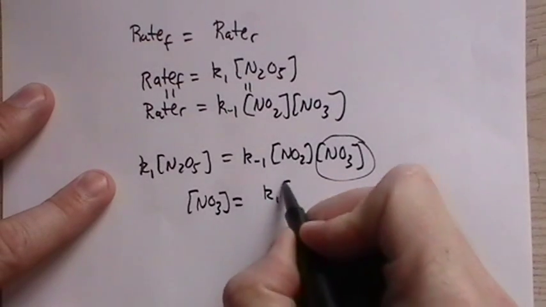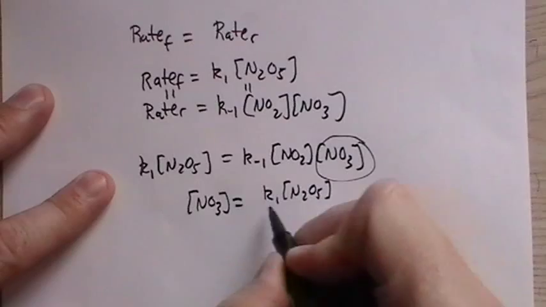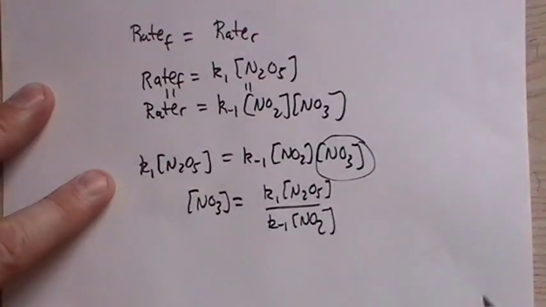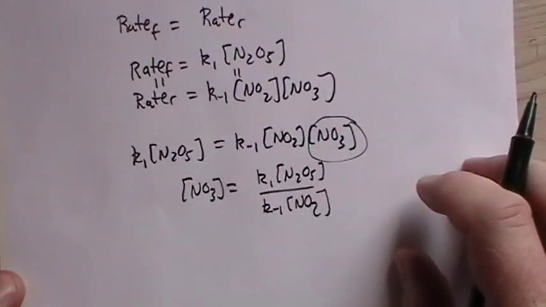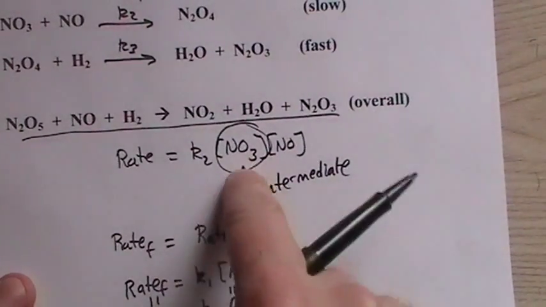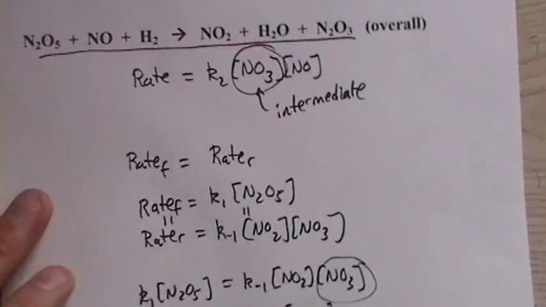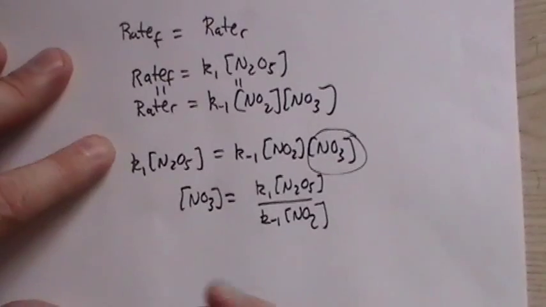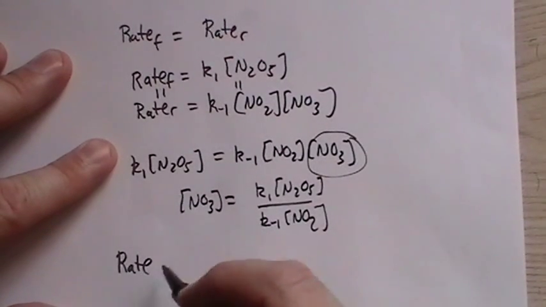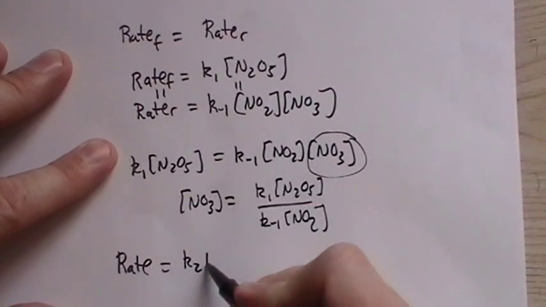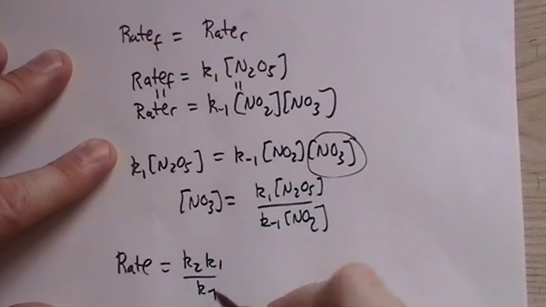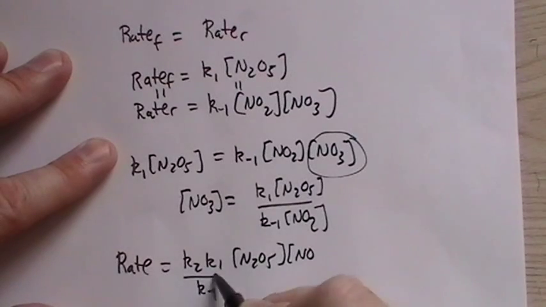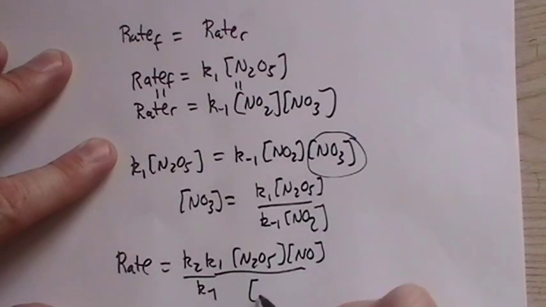We end up with k1 N2O5 over k-1 NO2. Then we have this NO3, and we're going to put it into this equation. So by substituting this term into that above equation, we end up with the rate is equal to k2 k1 over k-1, N2O5 over NO2.